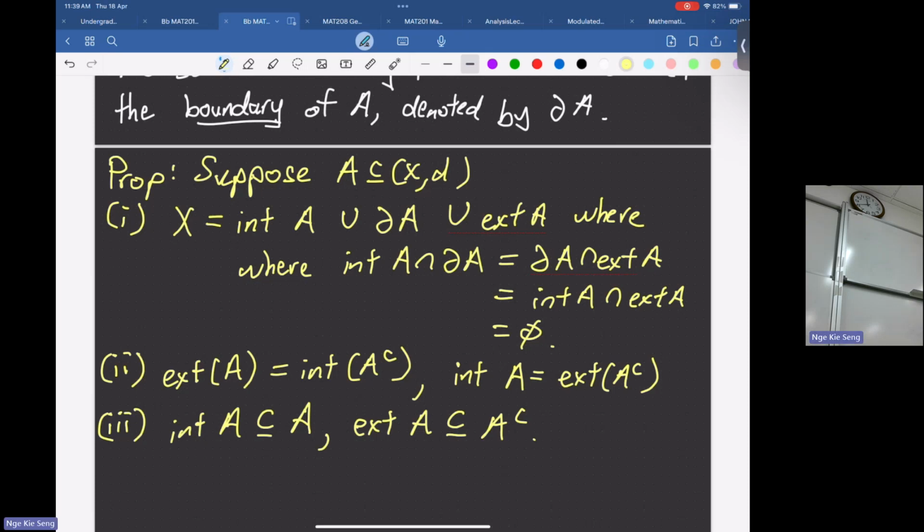How can you show that every point in X is one of them? Union means all, so you need to show it is one of them. If you have a point in the metric space, how do you show that it is either in the interior of A, or in the boundary of A, or in the exterior of A? How do you show that?